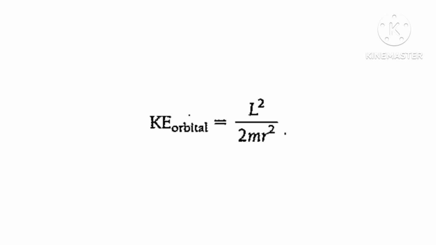So we can substitute and rearrange to get K orbital equal to L²/(2mr²).